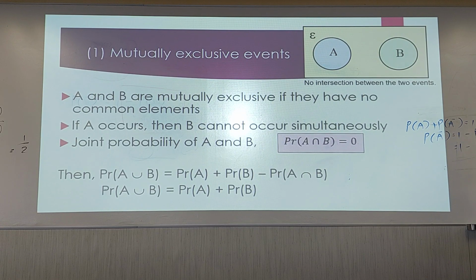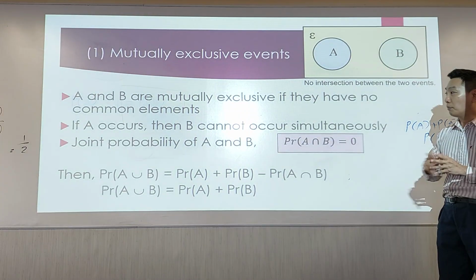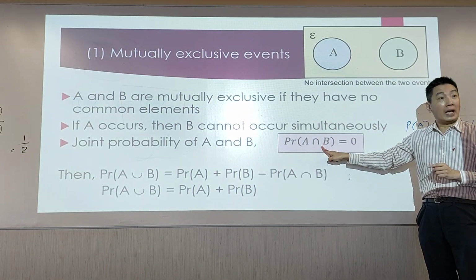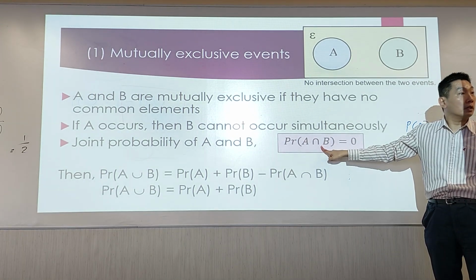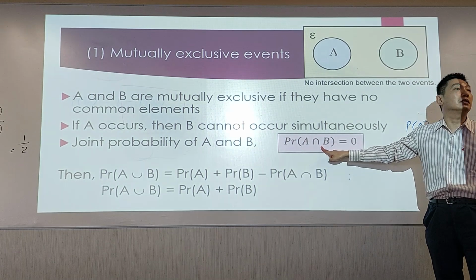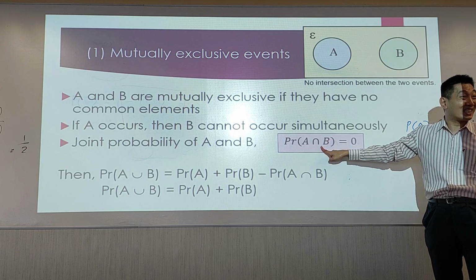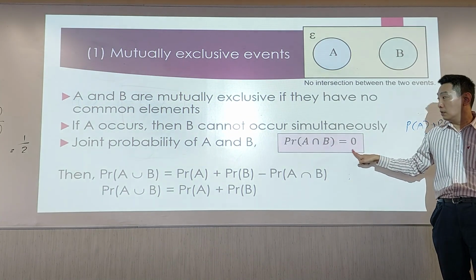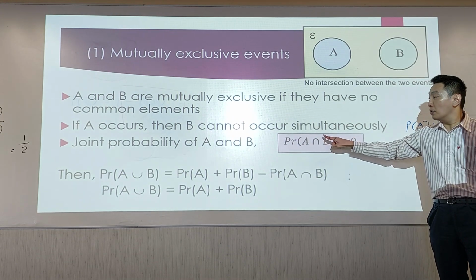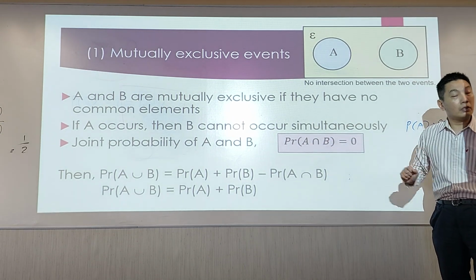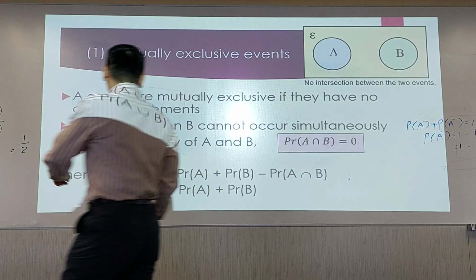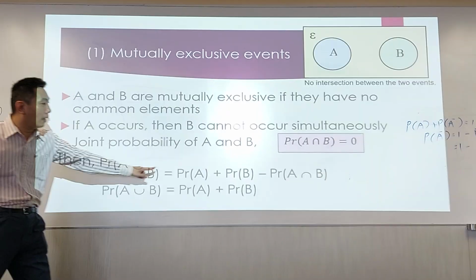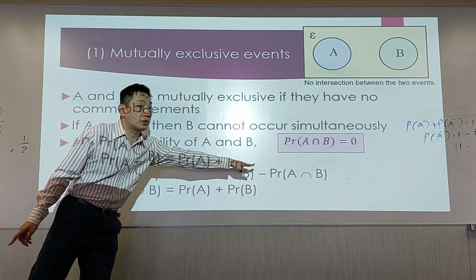So for mutually exclusive events, the important characteristic is that the probability of A intersect B is always equal to 0. There's no chance A and B will meet. So far, okay? If A intersect B is equal to 0, you may find that for mutually exclusive events, the probability of A union B is equal to P(A) plus P(B) minus 0.